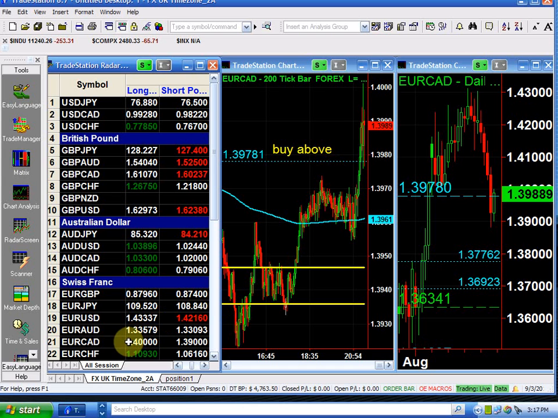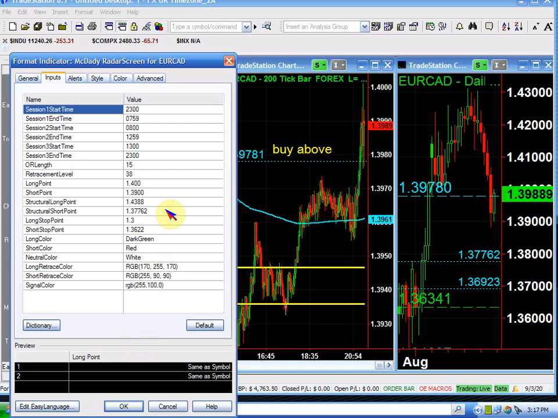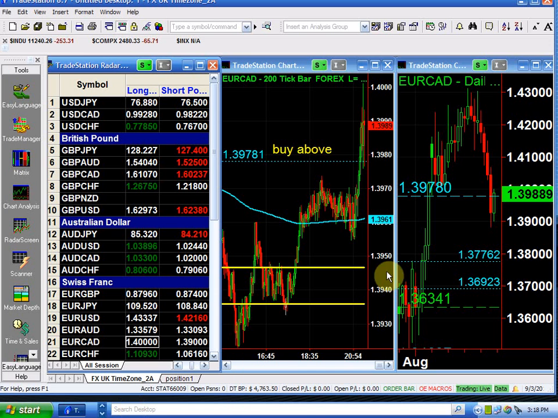I'll place my stop on the long side below 139.78, and if I go short below the 139, I'll place my stop above 139.60, which is our market side which we have right there. Okay, that is the Eurocad.